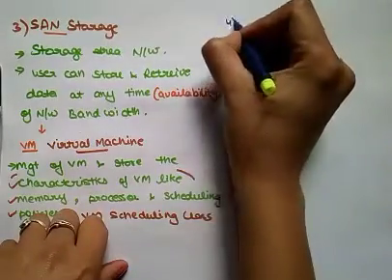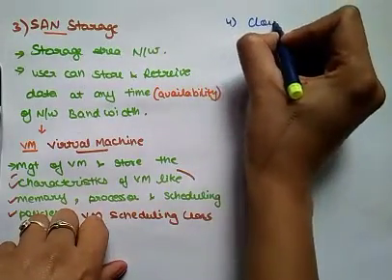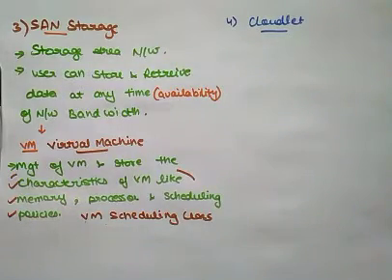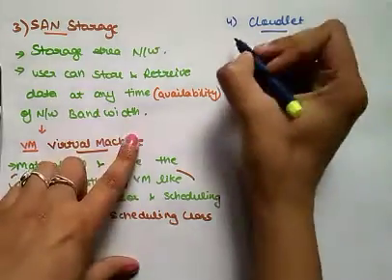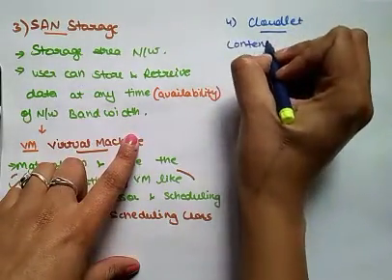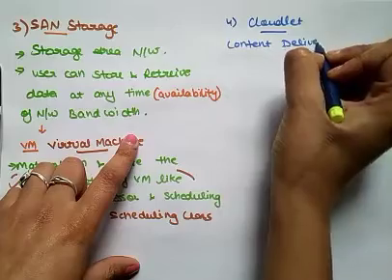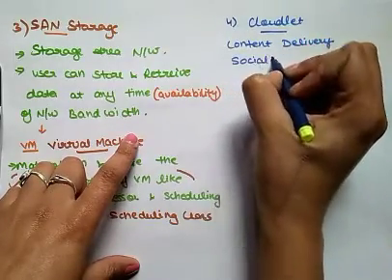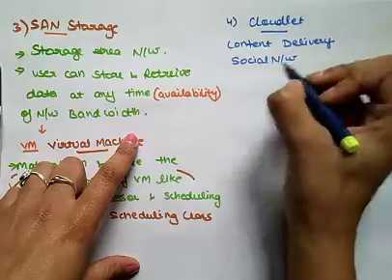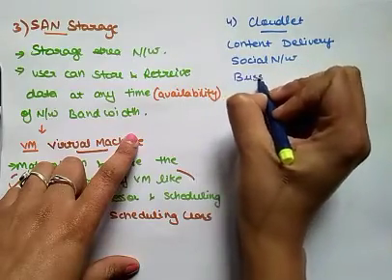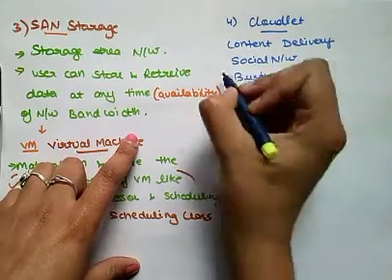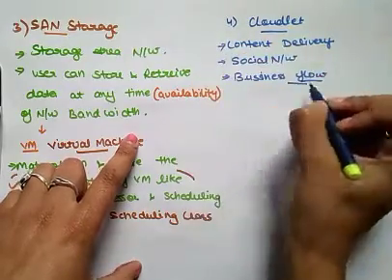The fourth class we have is the cloudlet class. It is used for cloud-based application services such as content delivery, social network handling, and to control business workflow.